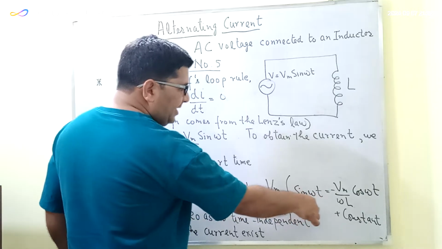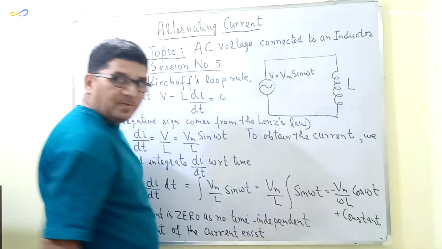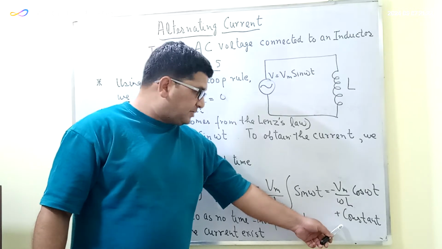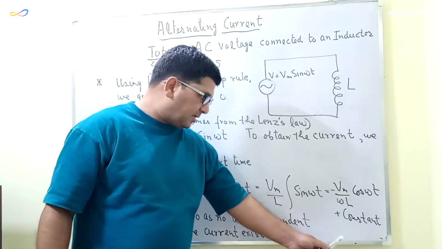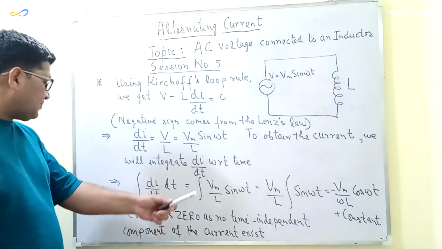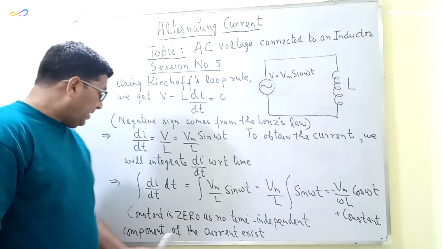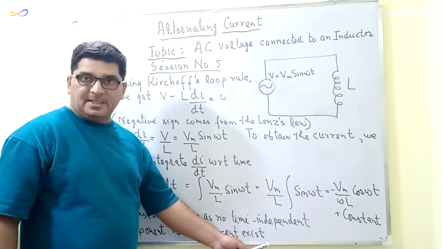The integration of sin ωt will be minus cos ωt divided by ω, plus a constant of integration. This constant will have 0 value because there is no time-independent component of the current.